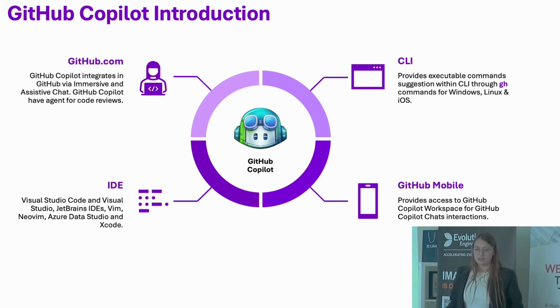GitHub Copilot is a GenAI-powered code suggestion tool developed in collaboration with Microsoft and OpenAI and distributed through the GitHub platform.